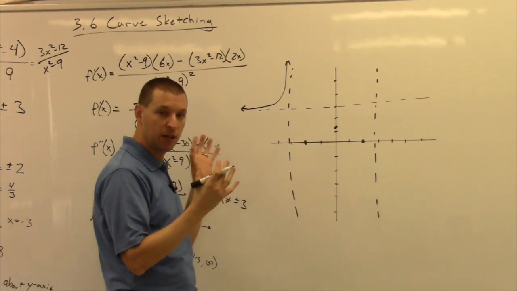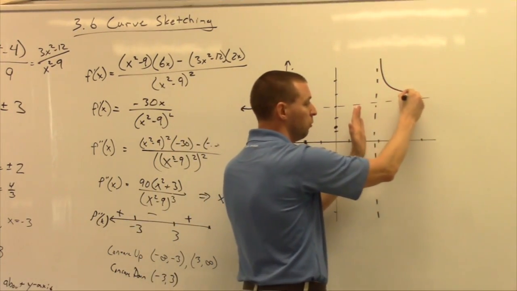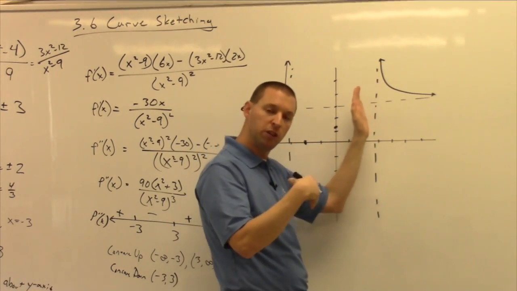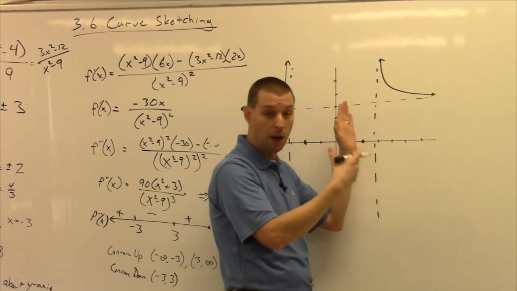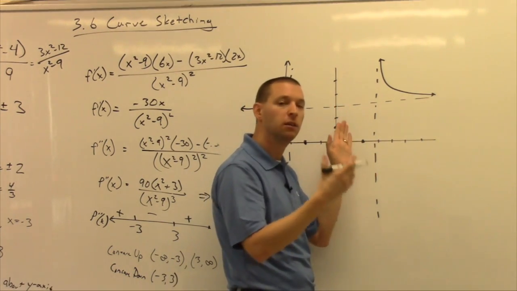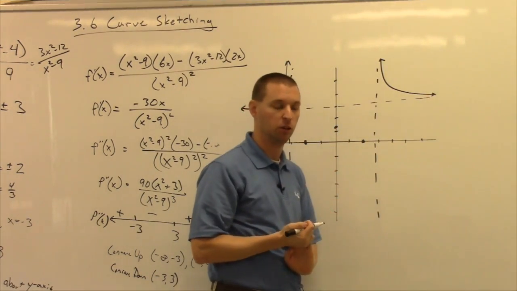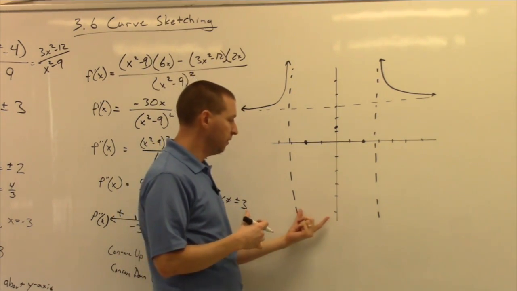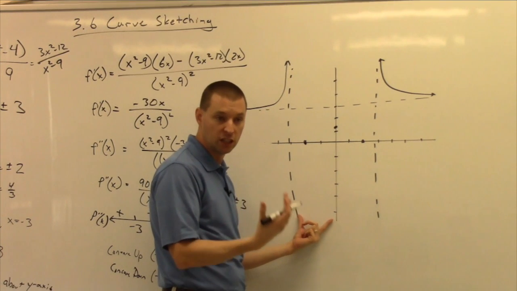Because of symmetry, because my function is even, I know that this has to be the same thing over here but going the other way. And this also makes sense to me, because if you remember from what we just found out, my function from 3 to infinity is concave up again, smiley face, but my function is decreasing. So I have that going on here in this particular part of the problem. Then, again, from my first derivative, I saw that from negative 3 to 0, my function was increasing.